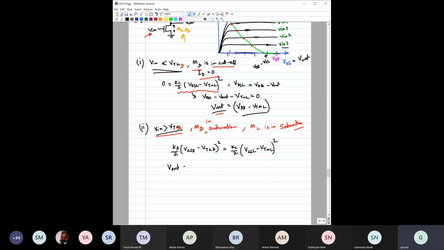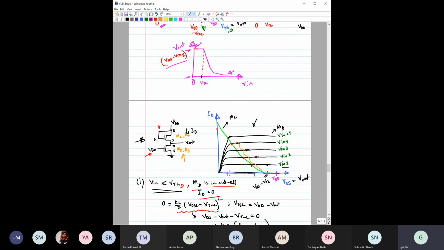And if we simplify it, finally we will get that V out will be equal to VDD minus VTNL minus root over of KD by KL into V in minus VTHD. Please look at it carefully. What this particular equation is suggesting is that this V out is related with V in in a linear fashion, right? So in this particular region, V output versus V input would be linear.